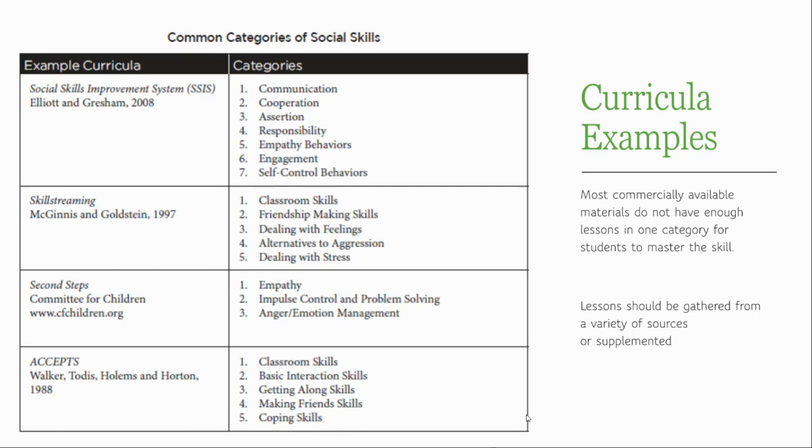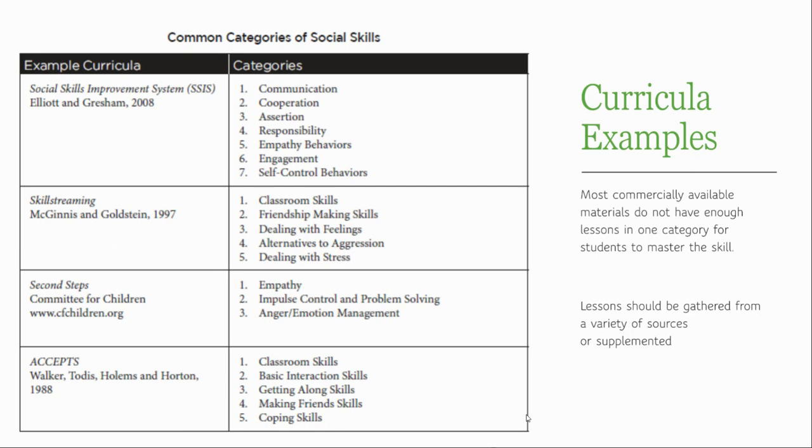Some examples of curricula would be the Social Skills Improvement System, which was created by Elliott and Gresham in 2008. The categories that they focus on are communication, cooperation, assertion, responsibility, empathy, engagement, and self-control behaviors.